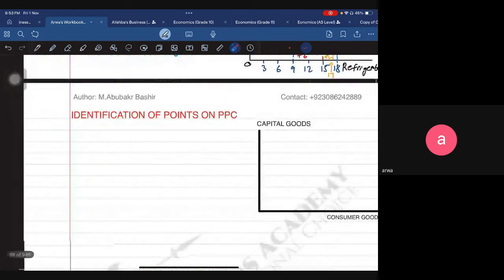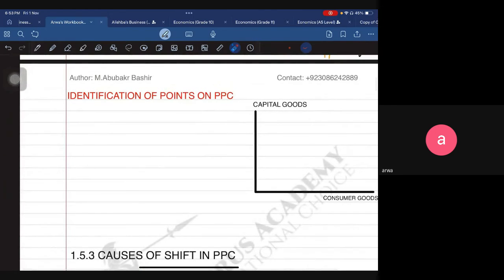Perfect. So we are going to do one more topic here. Here we have another production possibility curve diagram that I am going to make like this. So this is the production possibility curve where we have increasing opportunity cost.